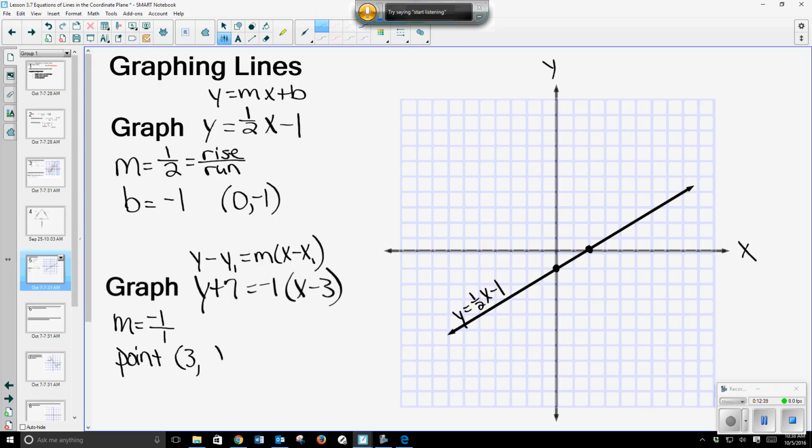And my y is, if it's +7 here and you take it out, it's -7. So you have to change the signs when you're taking numbers out of a formula that has negative in it. So I'm going to plot that point, 3, -7. 1, 2, 3, 1, 2, 3, 4, 5, 6, 7. This is (3, -7).